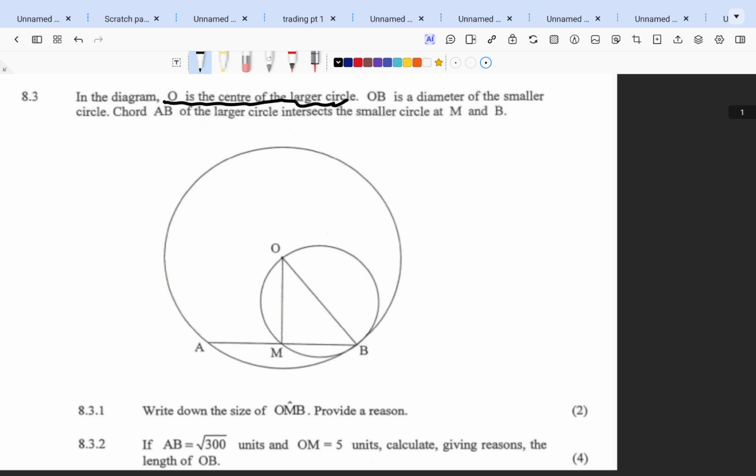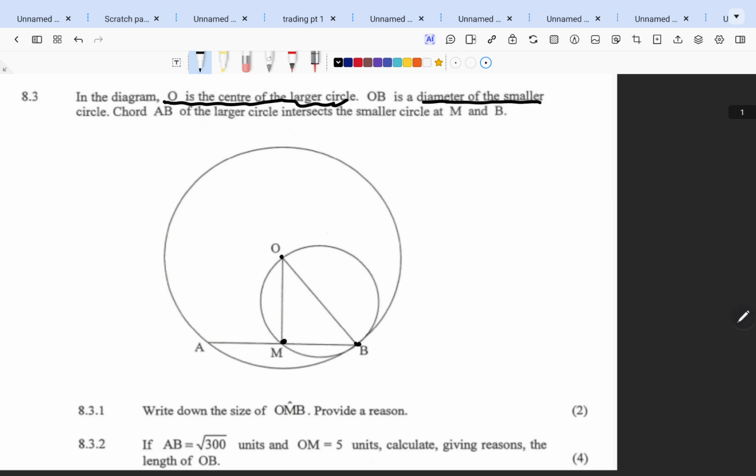And OB is the diameter of the small circle. And chord AB of the larger circle intersects the smaller circle at M and B, which is this point and this point. So they said that we must write down the size of angle OMB.